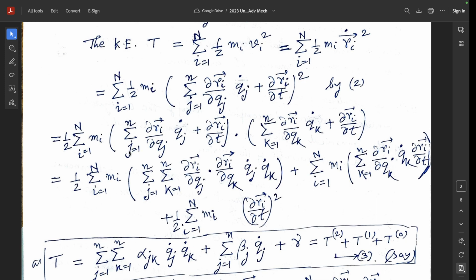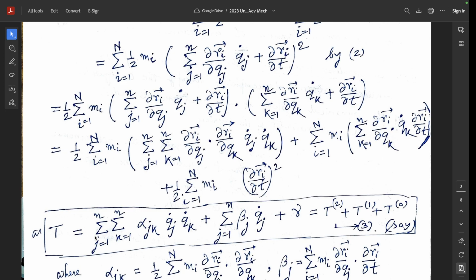Here the summation is up to j, and here the summation is up to k; k is a dummy index running from 1 to small n. So it is a double summation. The cross terms appear twice, so 2 times this, and with the outside factor of half, the 2 cancels. Then summation over i of m_i times del r_i vector by del q_j into del r_i vector by del t, and last, half m_i del r_i vector by del t whole squared.